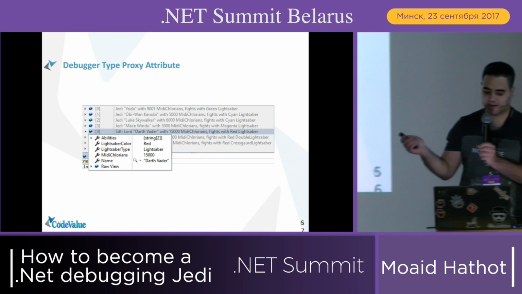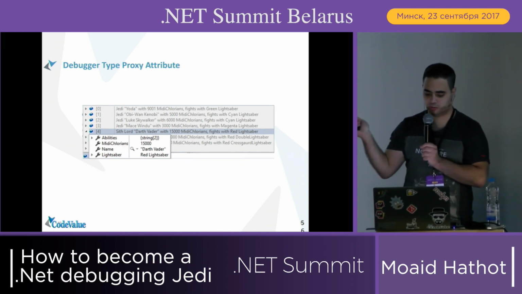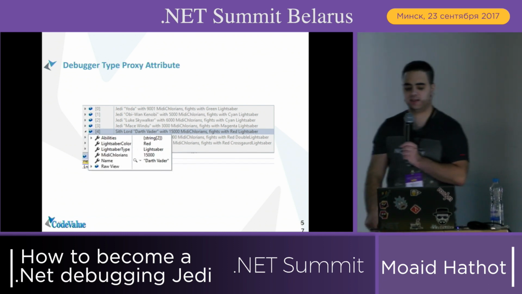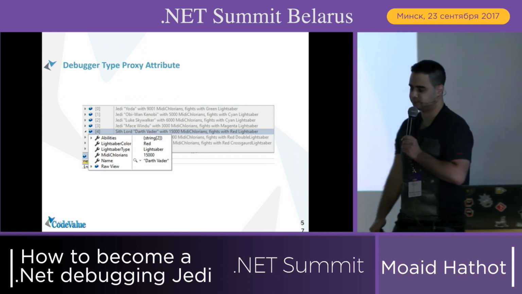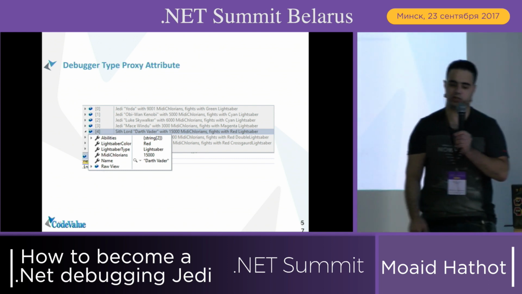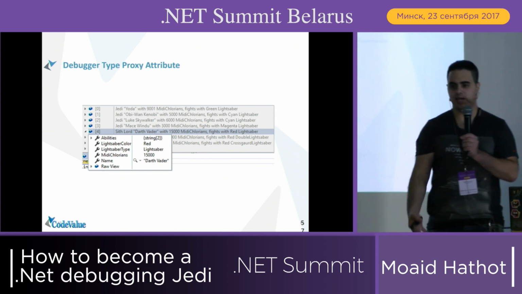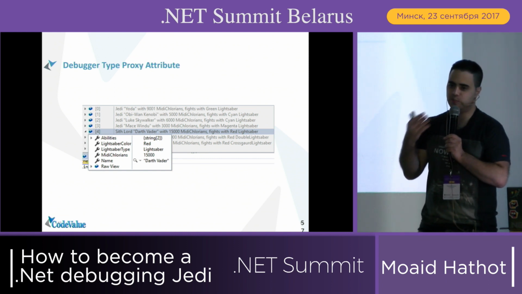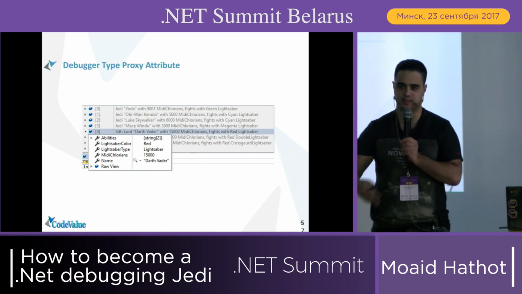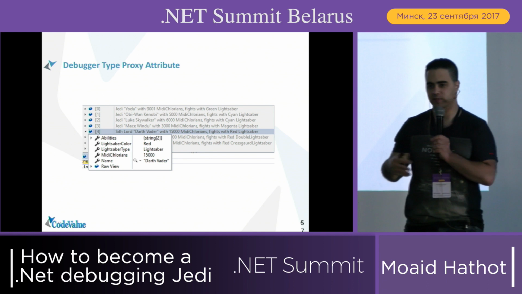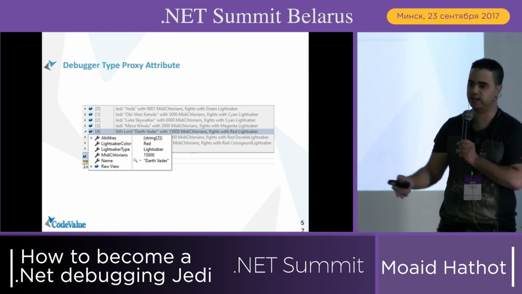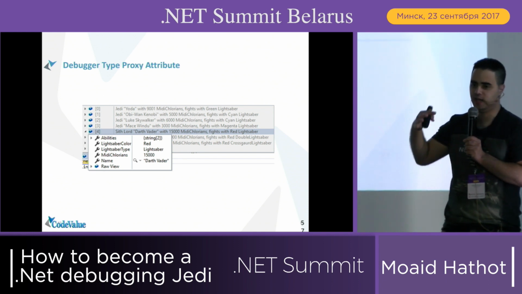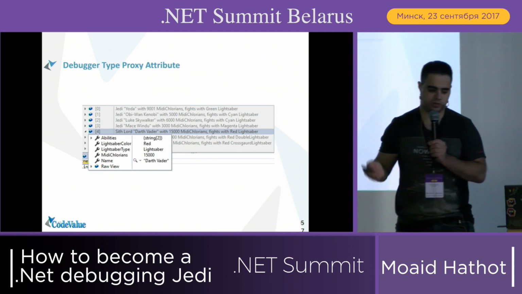What can I do? I can transfer that code to this code by adding a type proxy attribute. The type proxy is a new type that can expose only the information that I want. And this type is usually an inner class of the contained type, so it can access private members.